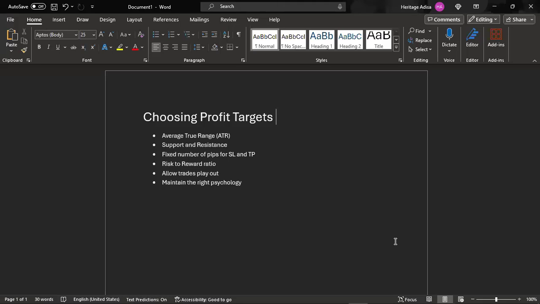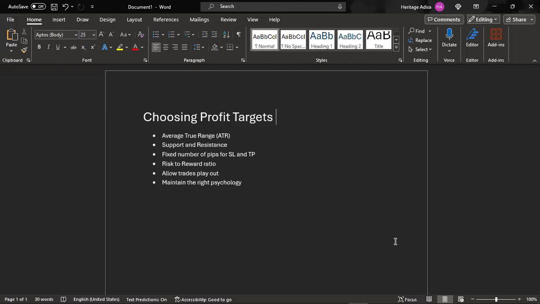The first way that I do this is I use support and resistance for my take profit and stop losses. That's the first thing.